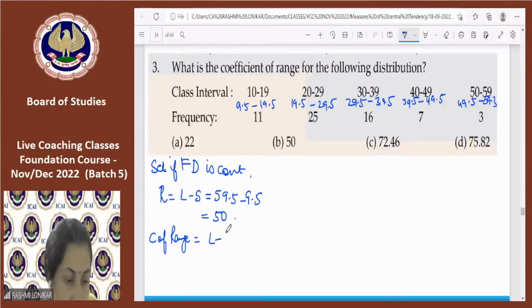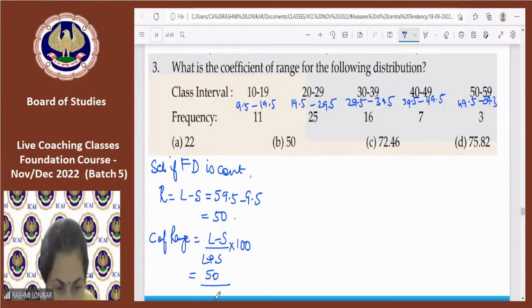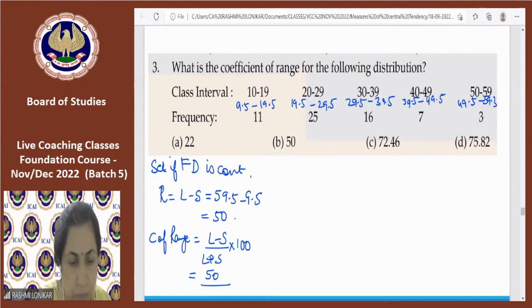Now coefficient of range will be equal to largest minus smallest upon largest plus smallest into 100. So this is equal to 50, and largest plus smallest will be 59.5 plus 9.5, which is 69.